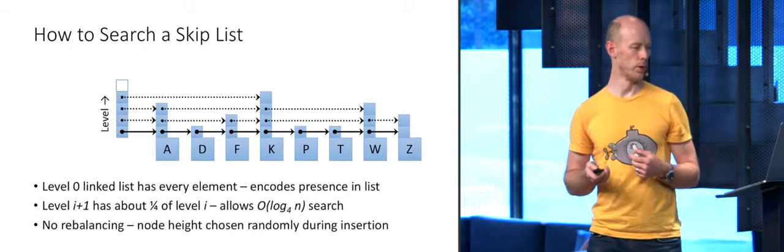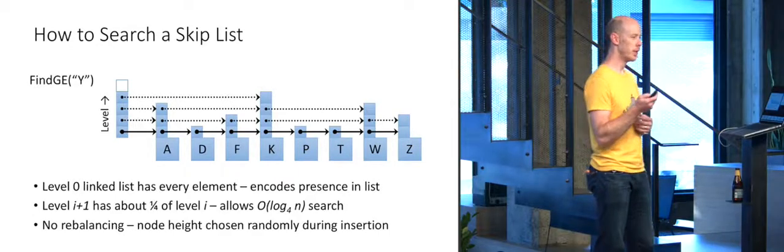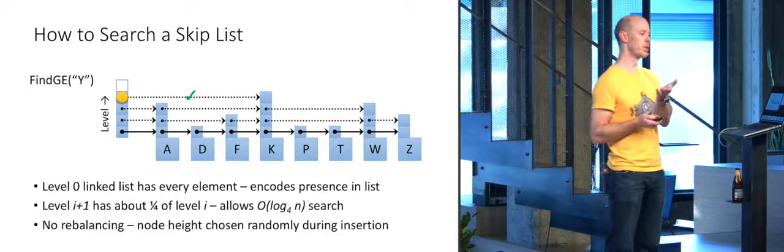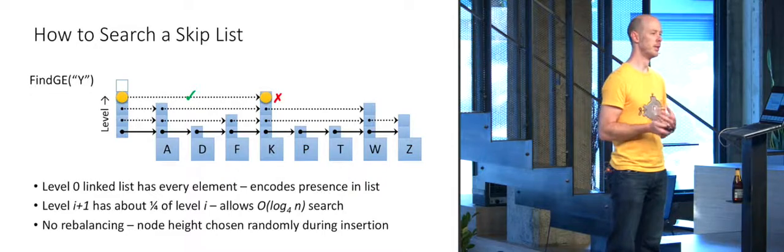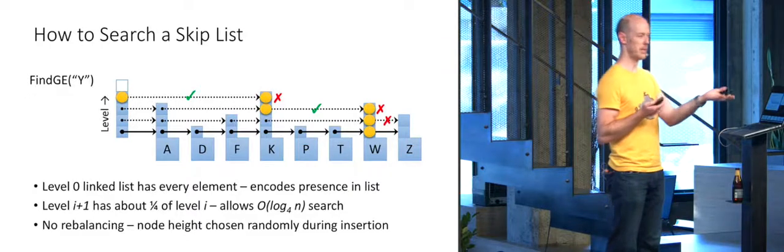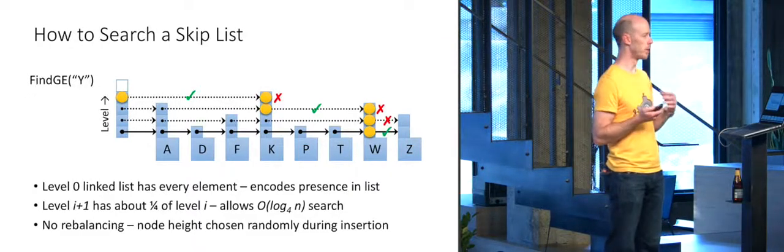For example, let's say we're looking for the smallest element greater than or equal to y. We start at the top and proceed along a particular level until we discover that we're about to overshoot our target. Then we drop down. If we keep repeating this, eventually we get down to the very bottom level where we can do an exact search. All of these upper links are basically just working like a shortcut mechanism.